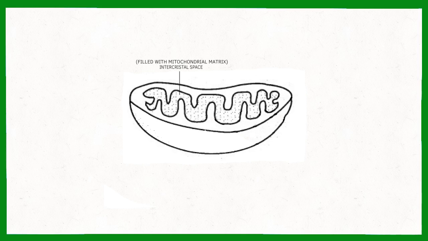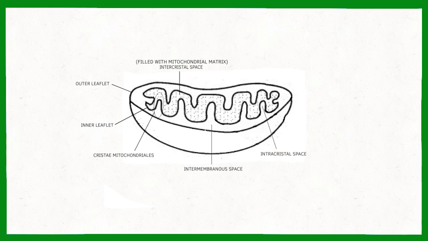The mitochondrial wall is made up of two layers of unit membrane. First, the outer membrane or outer leaflet. Second, the inner leaflet. The folds of the inner leaflet form the cristae mitochondriales. The outer and inner leaflet adhere loosely to each other, thus forming an empty space called intermembranous space. The intermembranous space extends into the cristae's intercristal spaces.